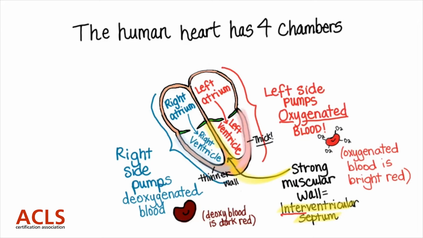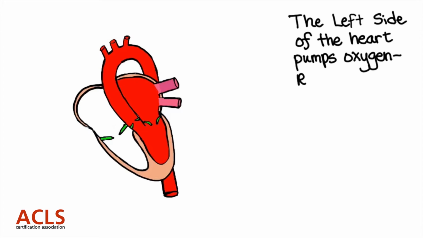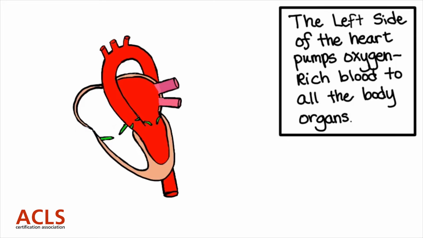Okay, so now you're probably looking at this and saying, well, how does blood get in here? And how does blood get out of here for both sides of the heart, right? Well, that's a great question, and let's take a look at that. The left side of the heart pumps oxygen-rich blood to all the organs of the body.